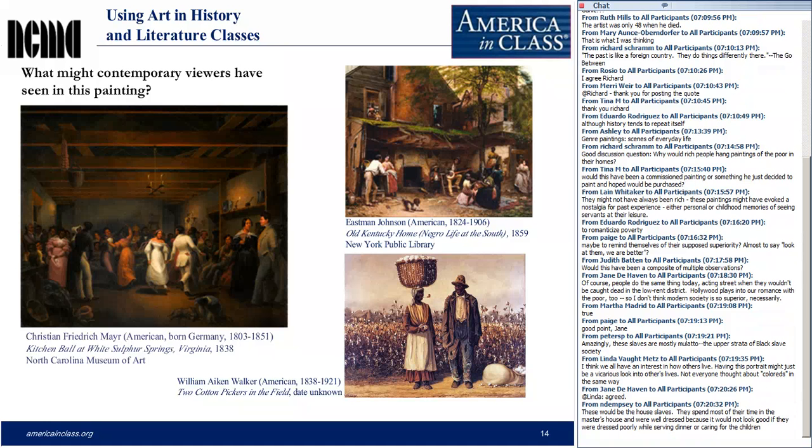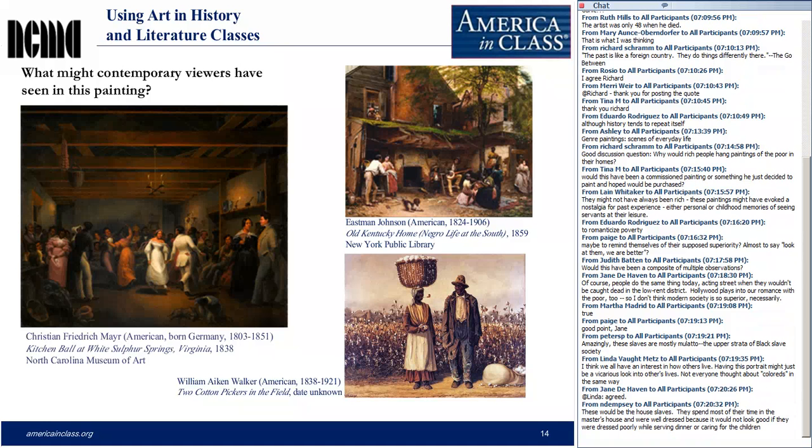about 20 years younger than Christian Meyer. And this painting, one of the most famous 19th century American pictures, was originally titled Negro Life at the South, but came to be known popularly as Old Kentucky Home.